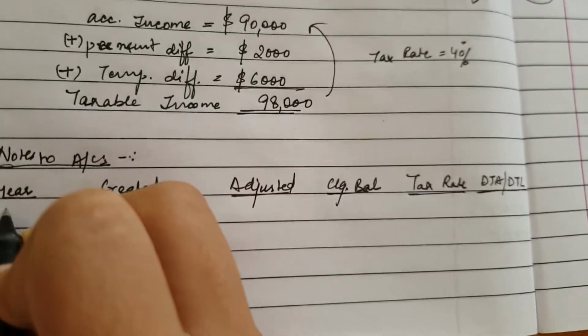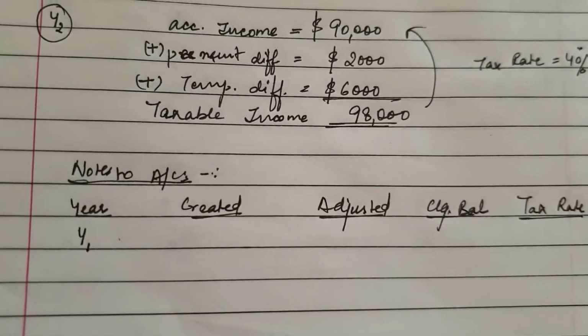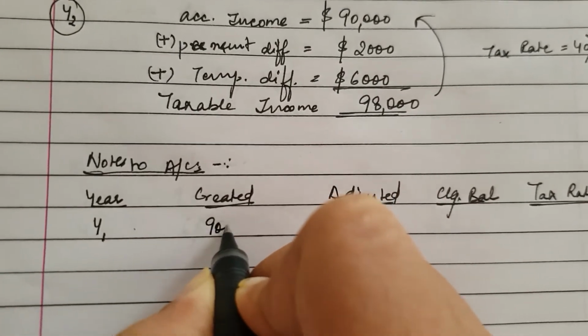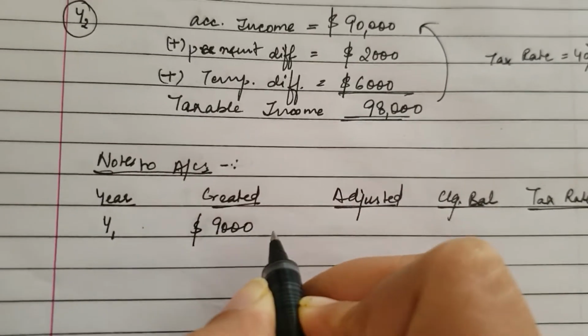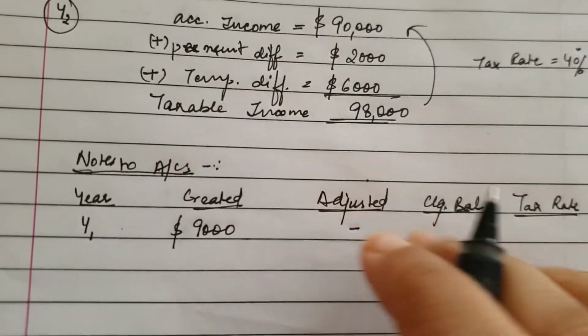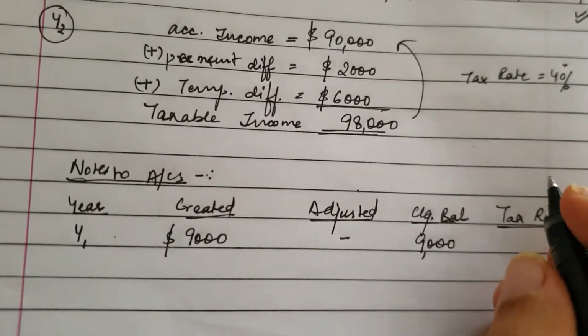Now in year one, we had created $9,000. Nothing is being adjusted this year. Adjusted means nothing has been reversed this year. So the closing balance still stays as $9,000.